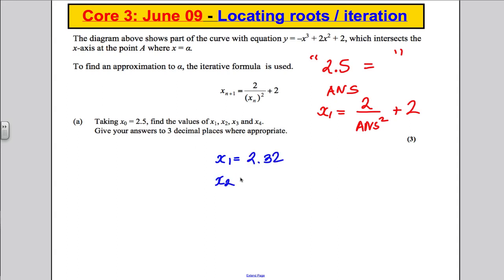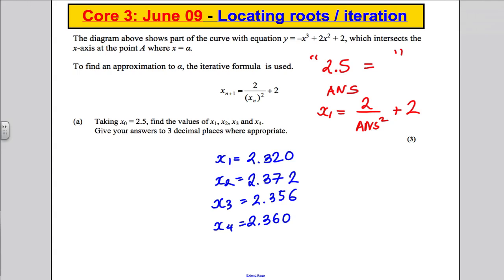Hitting equals again, you would get, and writing 0 there for 3 decimal places, you would get 2.372. Hitting equals again for x3, you would get 2.356. And hitting equals again for x4, you would get 2.360. And you're done.